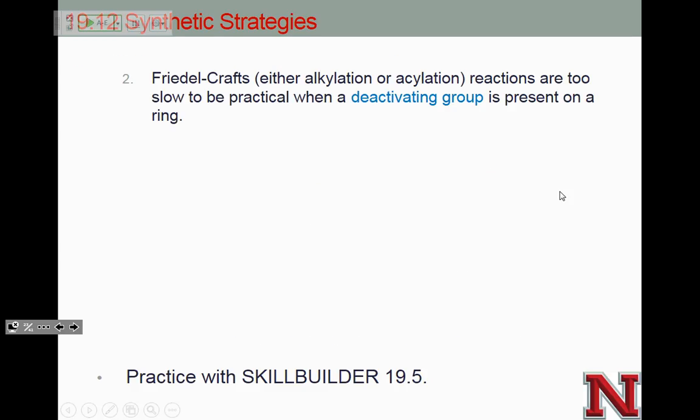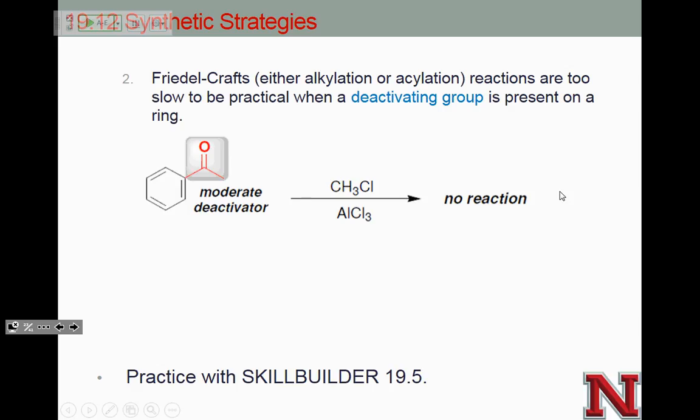Also, we've talked about this. Friedel-Crafts, either alkylation or acylation, are too slow to be practical when there's deactivating groups present. So anything other than our halogens, we can't really do before we do an acylation or alkylation. Any moderate or strong deactivators, NO2, SO3H, are going to deactivate enough that we won't get a reaction. The only electron withdrawing groups we can have on that ring are halogens because they can donate through resonance.